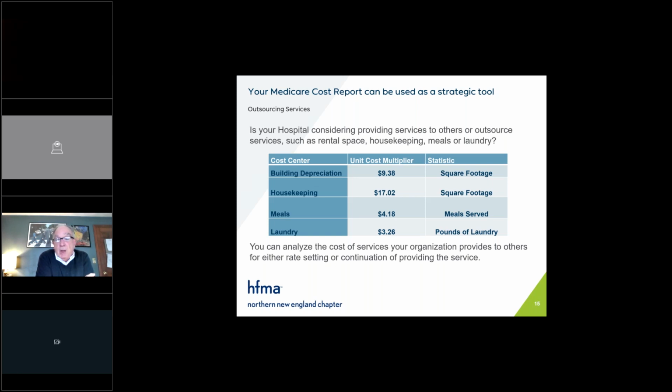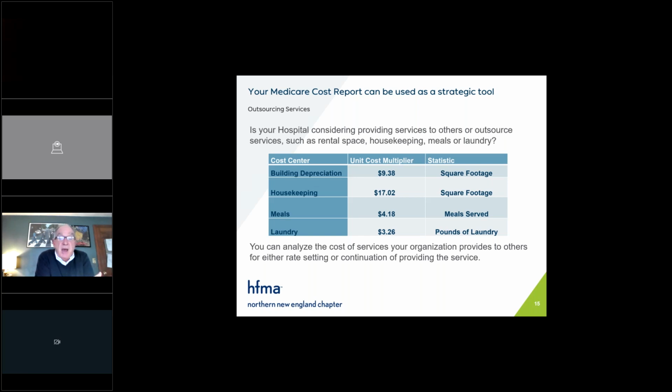You can calculate out what it's costing you for pounds of laundry, and then you can compare that to what an outsource company would be charging you to prepare pounds of laundry. So again, it's a great tool. I mean, there are so many things other than preparing a settlement for Medicare that you can use throughout the year to look at the cost report and come up with some of these tools to analyze your hospital.